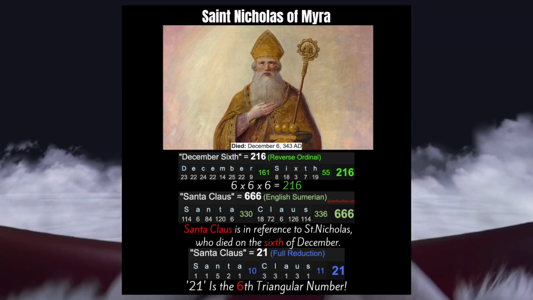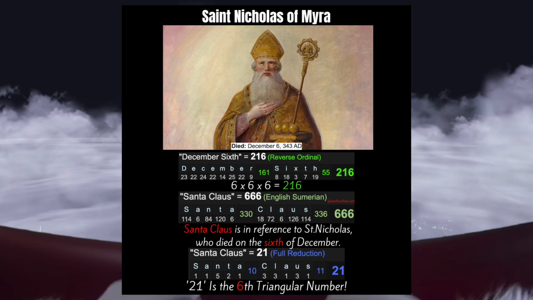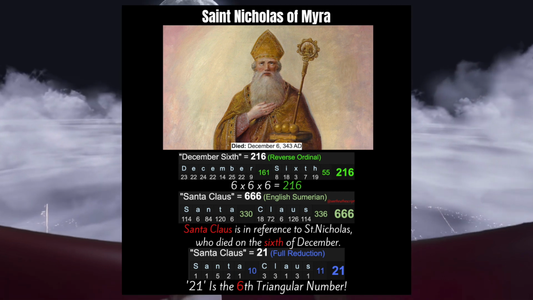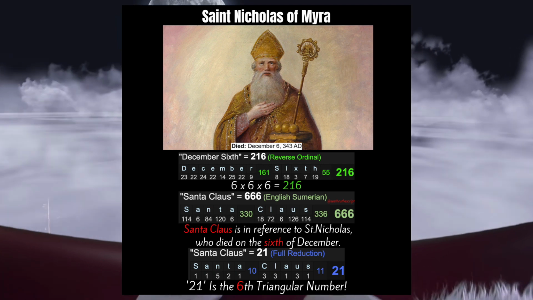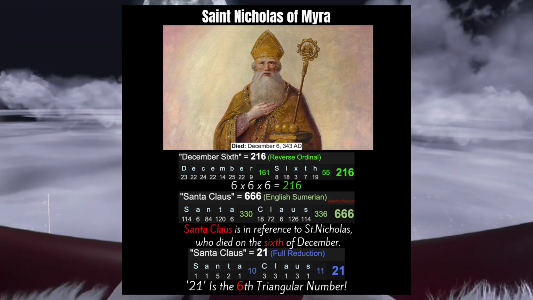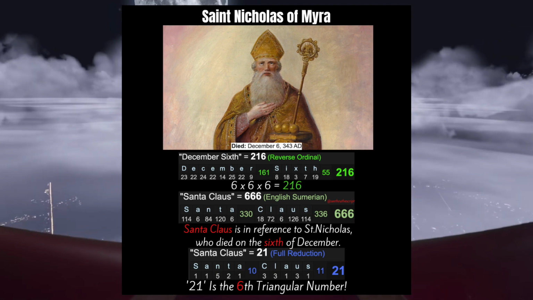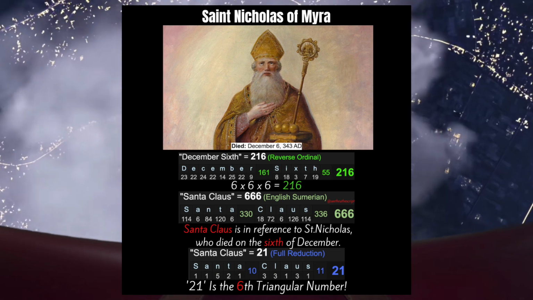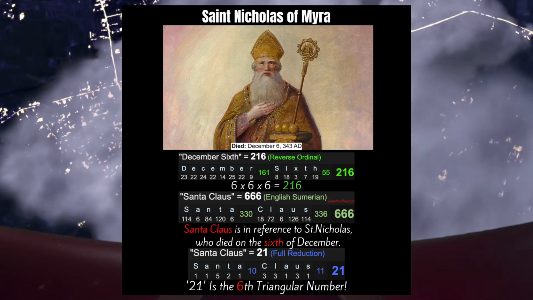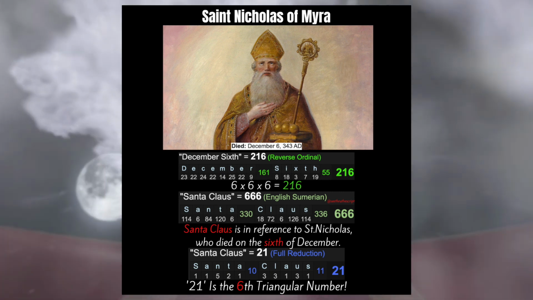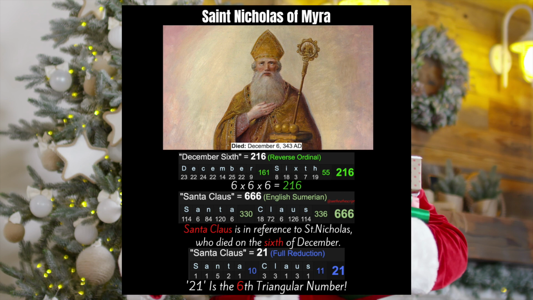Notice that December 6th, when written out in words, equals 216, and what's interesting about the number 216 is that if you multiply 6 times 6 times 6, it gives you that value of 216. And the number 666 is in direct connection to the name Santa Claus in the English Sumerian cipher.